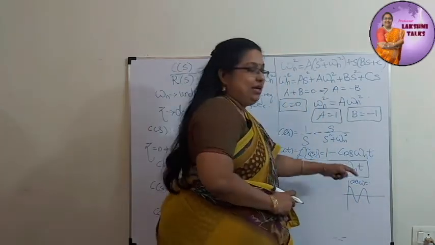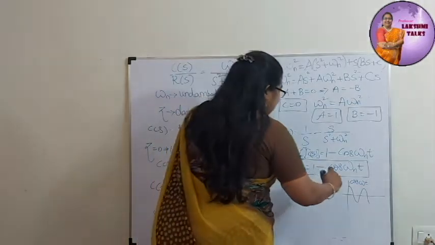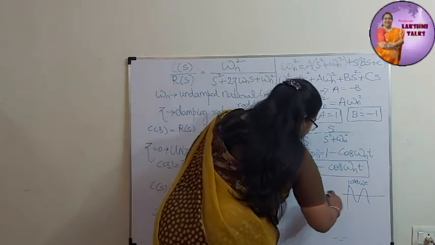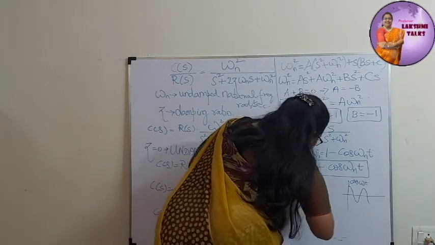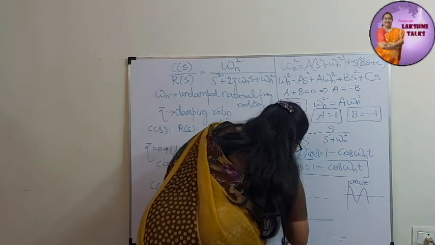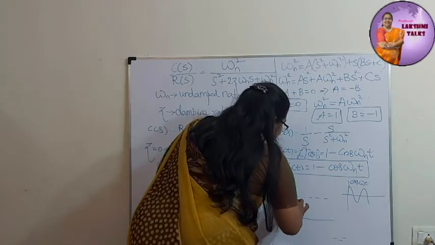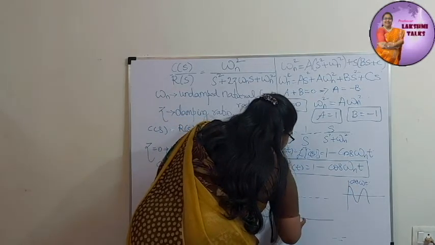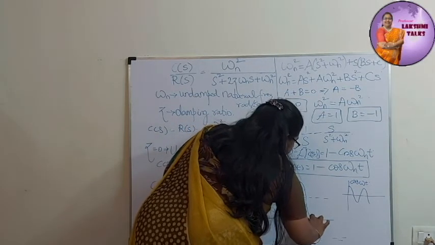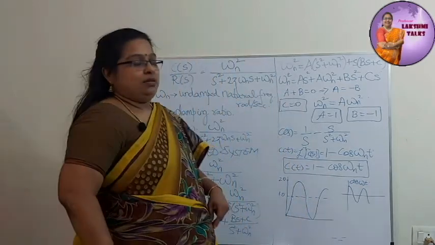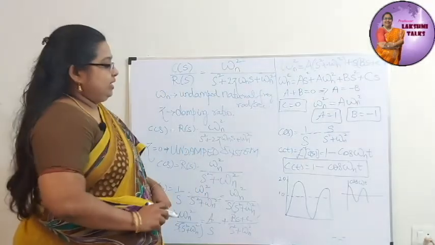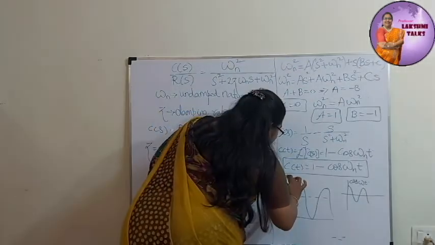Now we have 1 minus cos omega t. This is the 1. So 1 minus cos omega n t is nothing but this. This will be the response. So it will be completely oscillatory in nature. So this is the C of t.